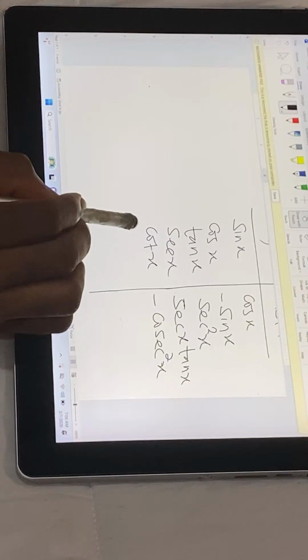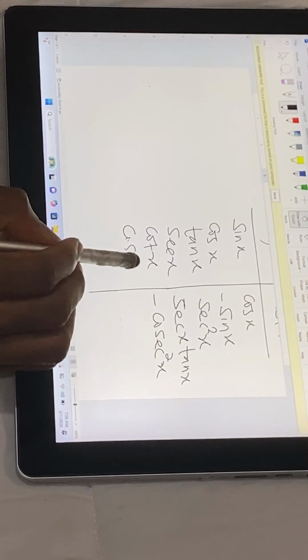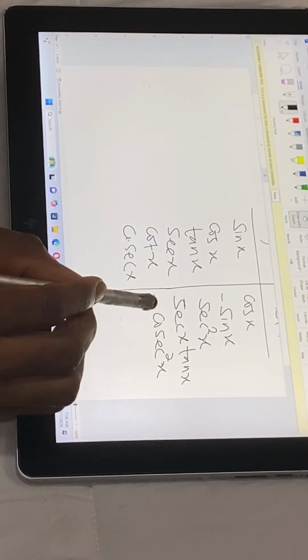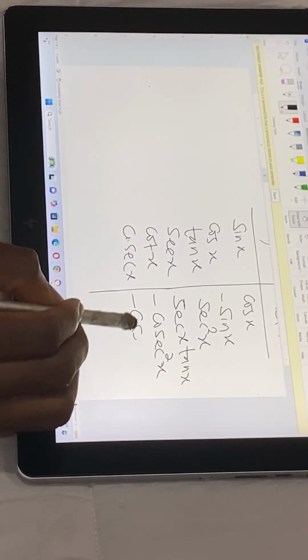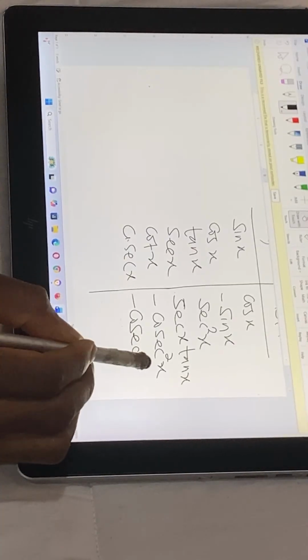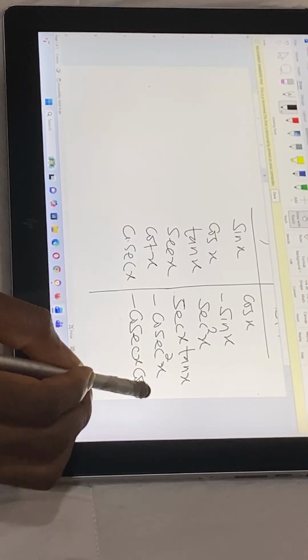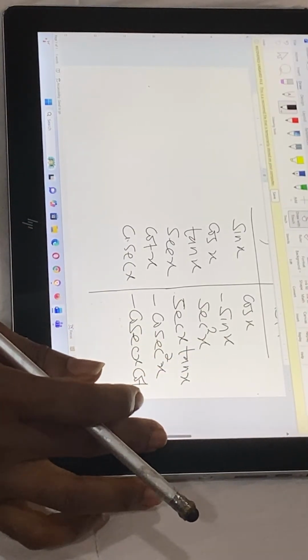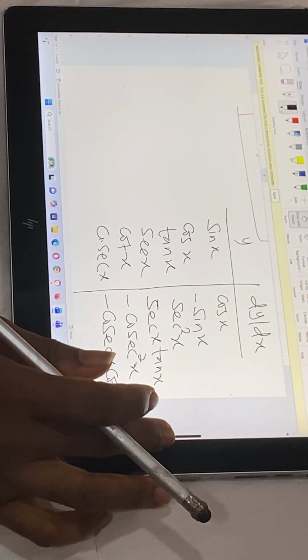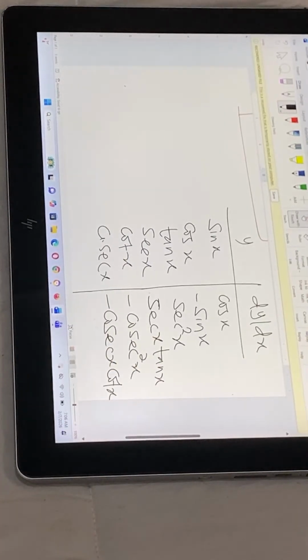If I have cosec s, the derivative will be minus cosec s cot s. These are the things you need to know. Please, you can write this down. This is the special function and their derivatives under trig.